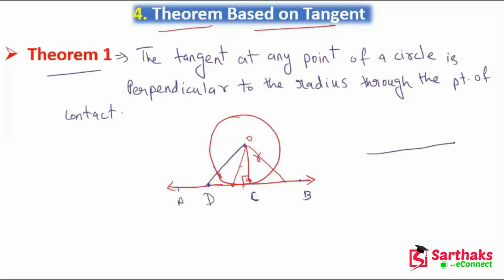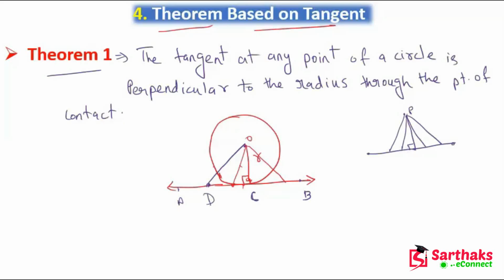Let's suppose we have a line and a point P. If we draw a lot of lines from point P, all the lines are greater than the perpendicular line. So the shortest distance between a point and a line is the perpendicular line.